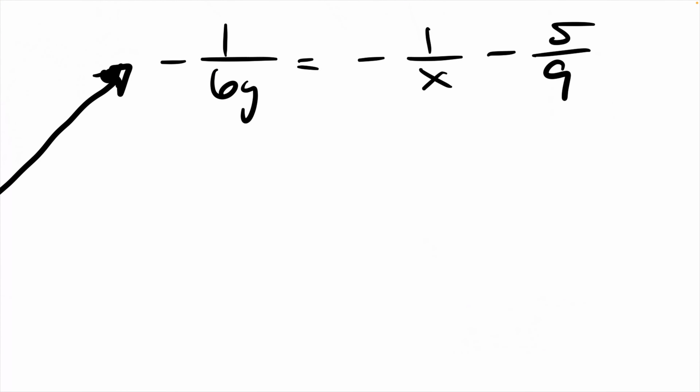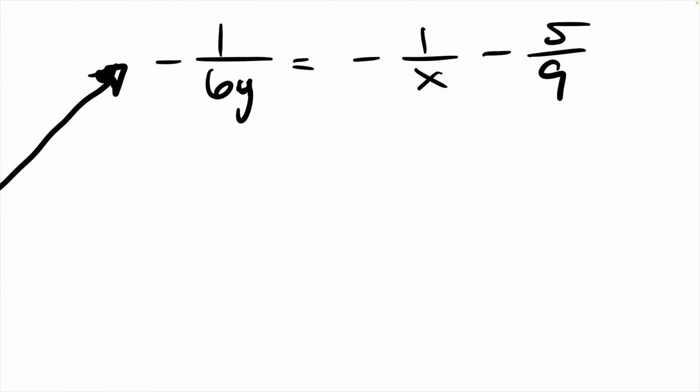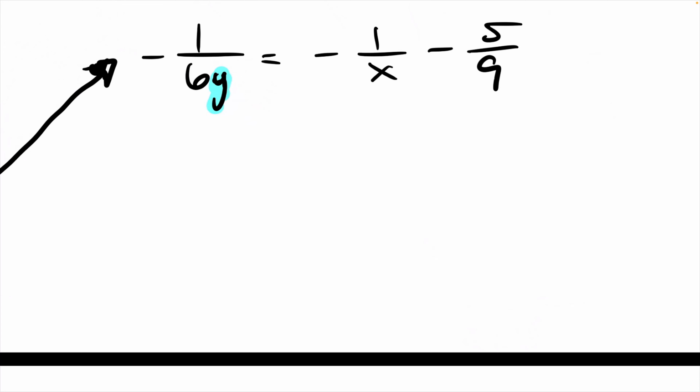How do I solve that guy for y? You isolate y. I got to get y by itself, right? So this one's a little tricky. How do I get y by itself? You just multiply by -6. So multiply both sides by -6.